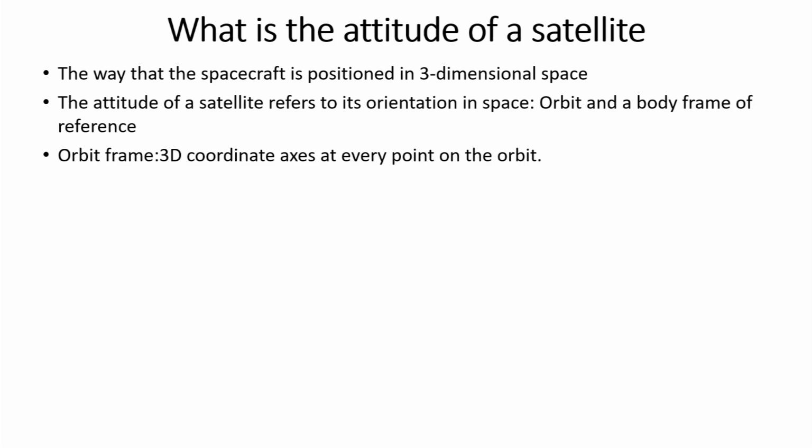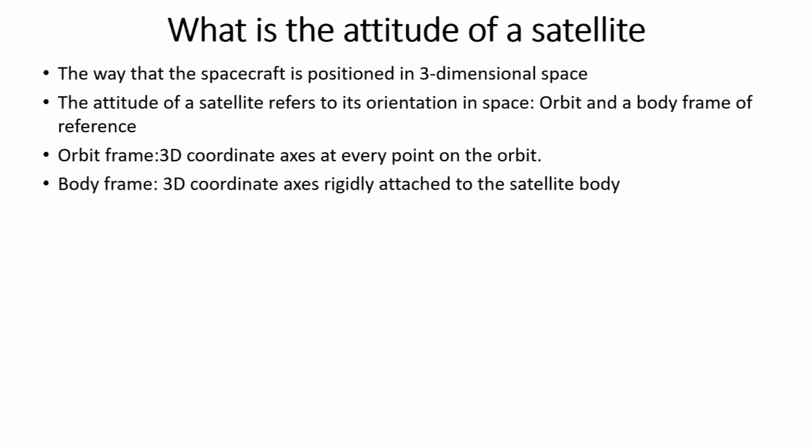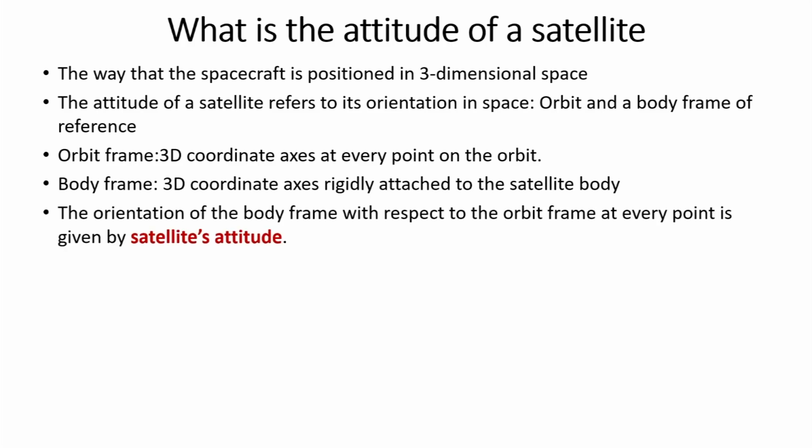Orbit frame is the 3D coordinate axis at every point on the orbit, and body frame is the 3D coordinate axis rigidly attached to the satellite body. The orientation of the body frame with respect to the orbit frame at every point is given by the satellite's attitude. Naturally, the task is to align these two frames.